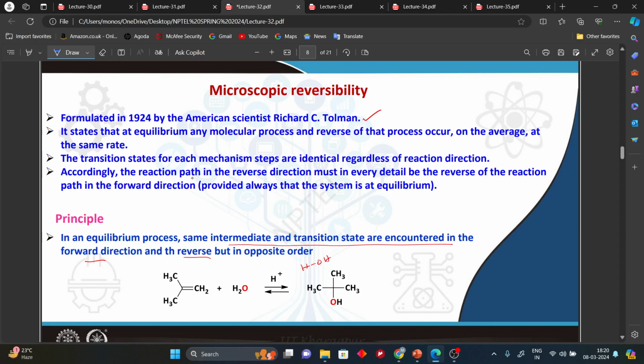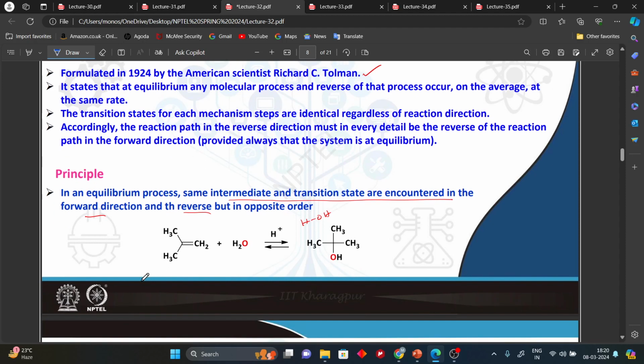Accordingly, the reaction path in the reverse direction must be, in every detail, the reverse of the reaction pathway in the forward direction. Here you can see one of the examples. In the equilibrium process, the intermediates and transition state are the same for these cases.